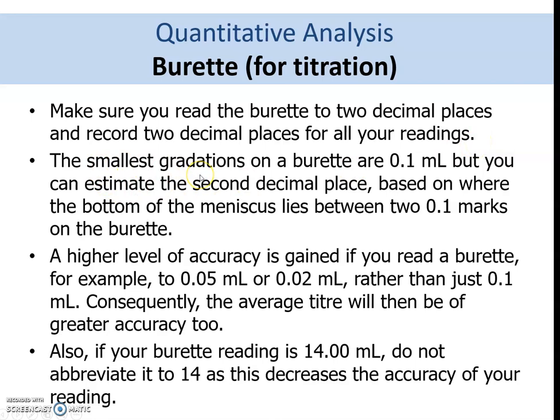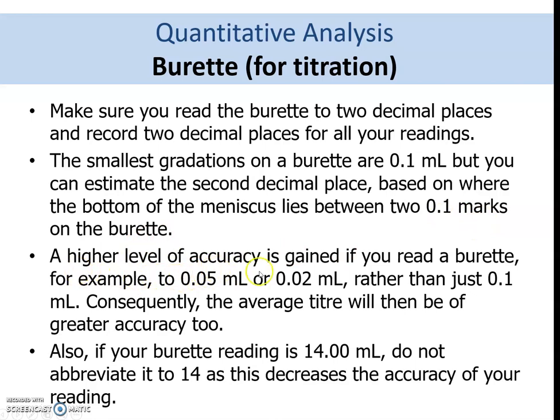The smallest gradation on a burette is 0.1 milliliter, but you can estimate the second decimal place based on where the bottom of the meniscus lies between the 0.1 marks on the burette.